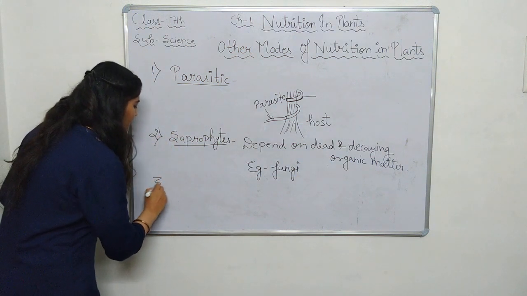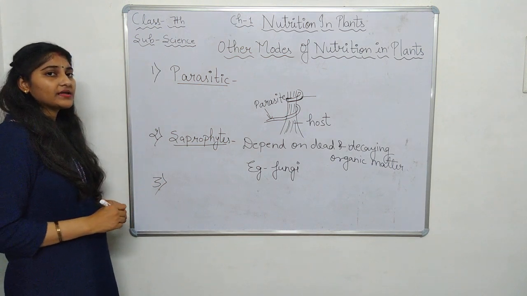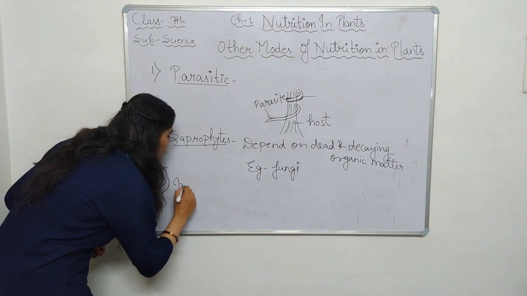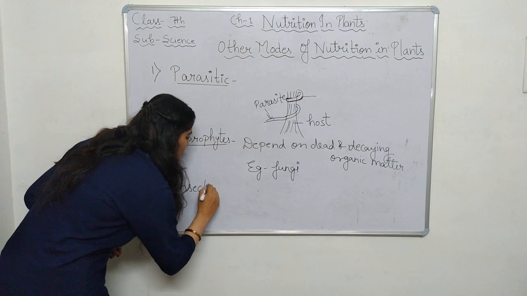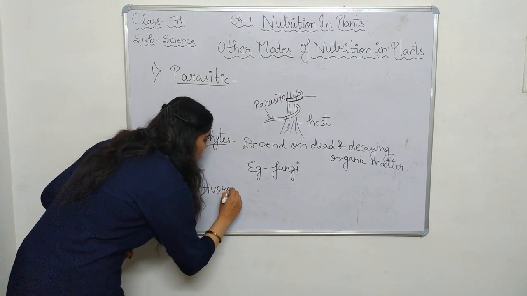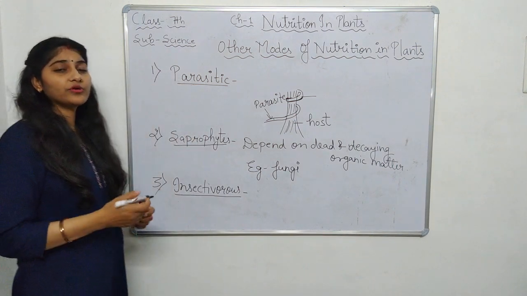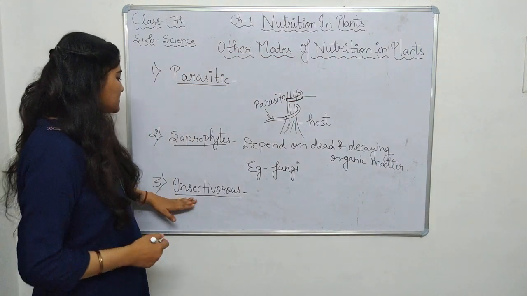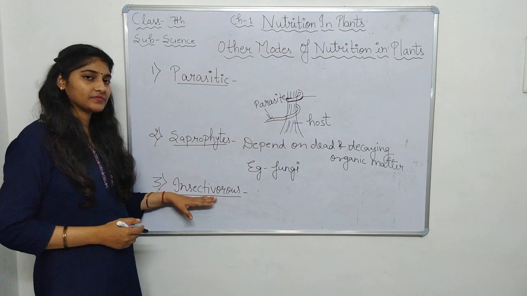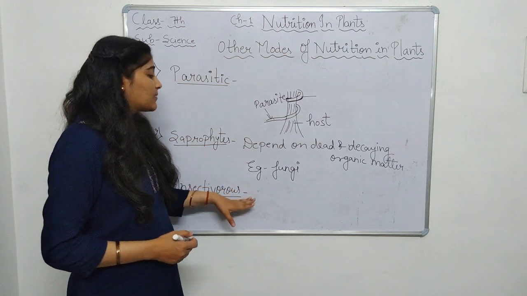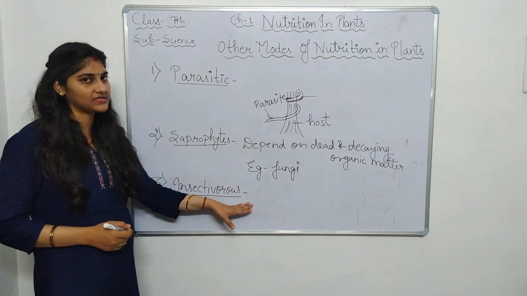Now, third we are going to understand is about insectivorous plants. In insectivorous plants, as the name suggests, insect, that means the plants which eat insects.